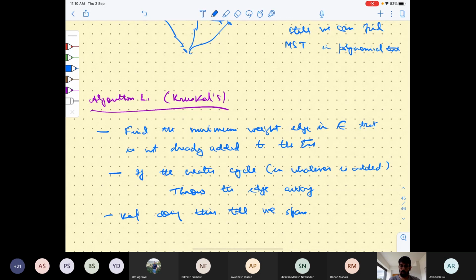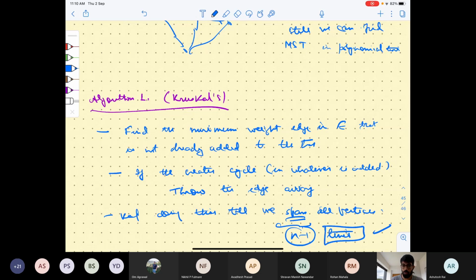What we mean by span is that every vertex can be reached from any other vertex. Whenever an edge is being added, you can just check whether all the vertices have been connected or not. Or you can just do it for n minus 1 times. That is also good.